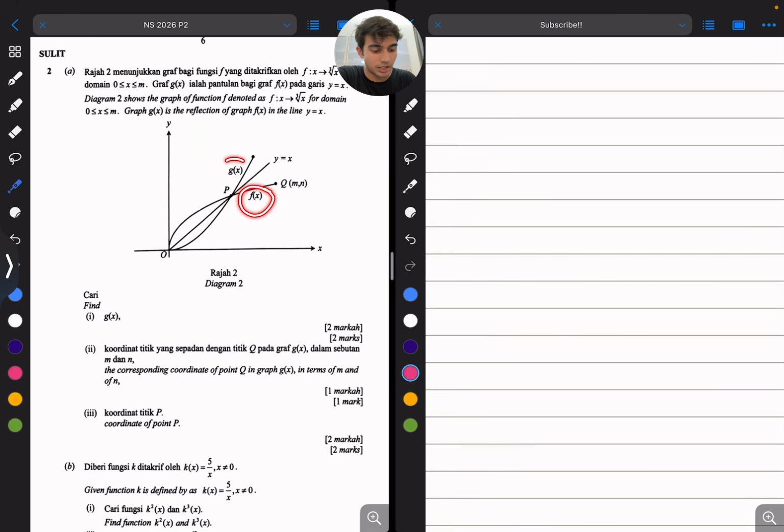So if you have f(x) as this, f inverse x would be the reflection about the y equals x axis. So here g(x) is technically the inverse of f(x). So you can say g(x) is the f inverse x, and since they gave us f(x), we can find f inverse x.